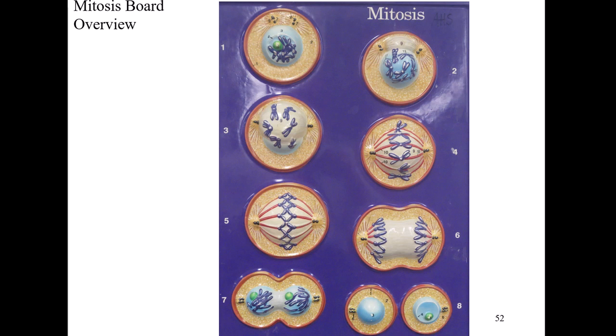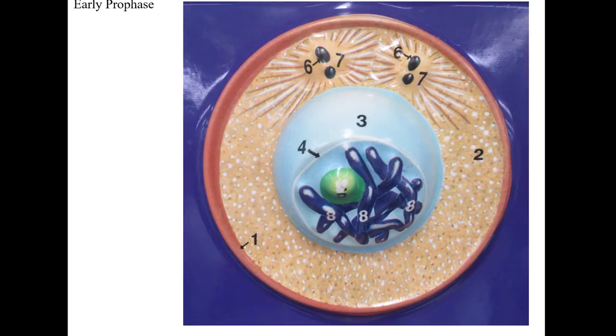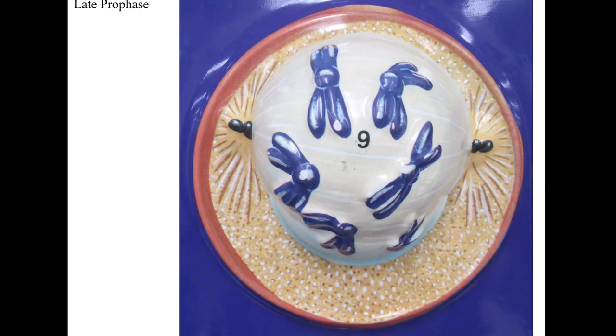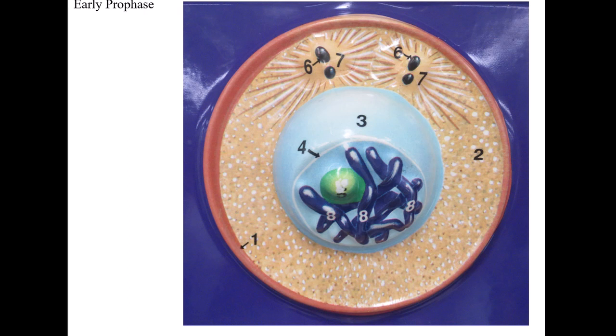So let's take a look at the first three prophases. Here I have early prophase, middle prophase, late prophase, just to show you some of the things that are happening. In early prophase, you can kind of see the DNA, but it hasn't formed chromosomes yet. Here's the DNA. It's starting to become visible. They shorten and they thicken. And then you have one centriole pair here and another centriole pair here.